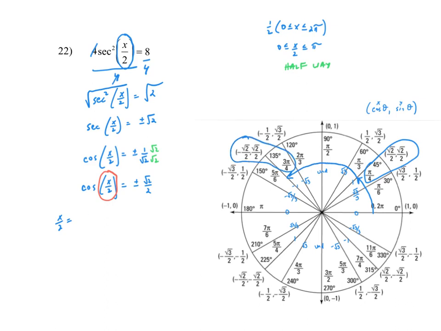X over 2 equals pi over 4, or 3 pi over 4. That's halfway around the unit circle. To solve for x, multiply both sides of the equation by 2, and we'll get our solutions. X equals pi over 2, or x equals 3 pi over 2. Notice that our solutions are in between 0 and 2 pi.